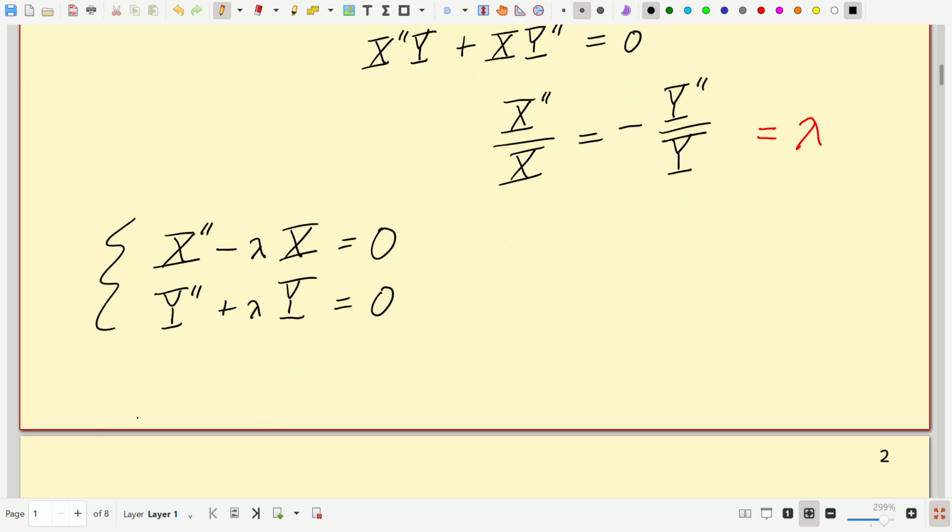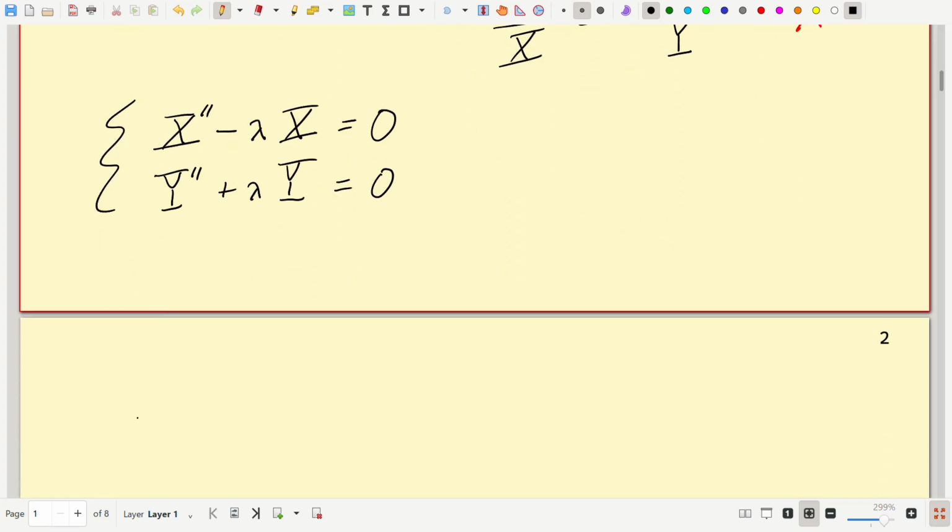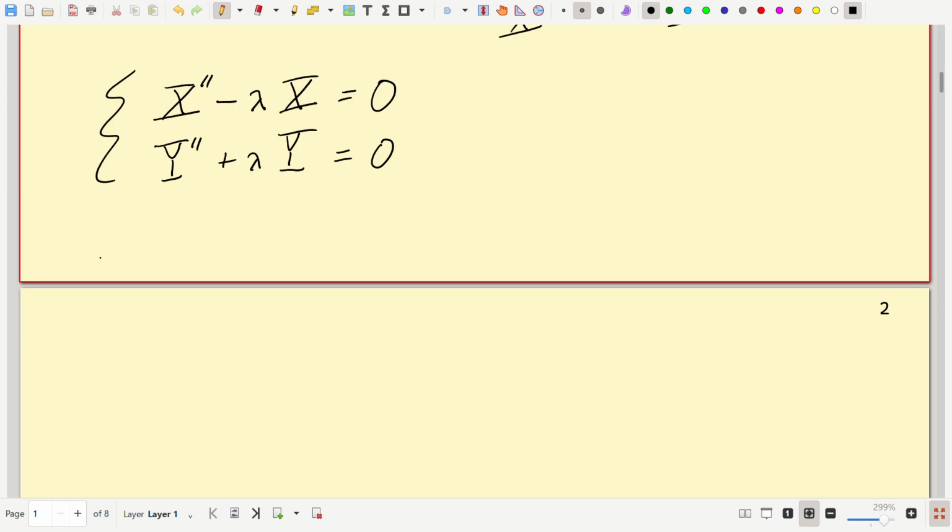Of course, there are going to be cases now to think about. Let's think about the difference between x and y. X goes from minus infinity to plus infinity, and y goes from 0 to infinity. That's going to make these two problems different, and we're going to think differently about them.